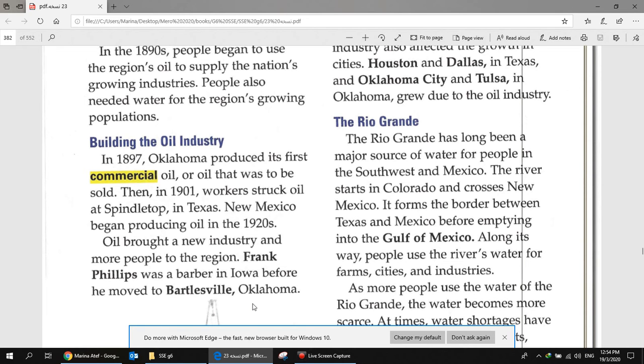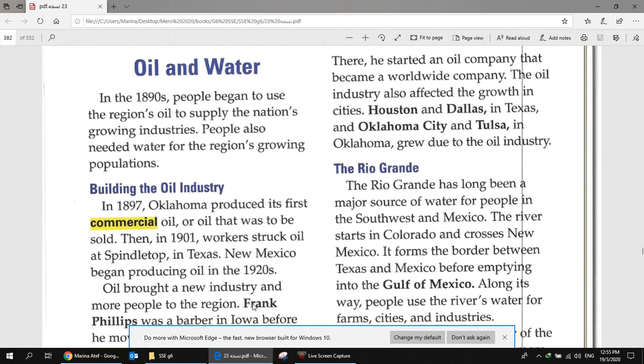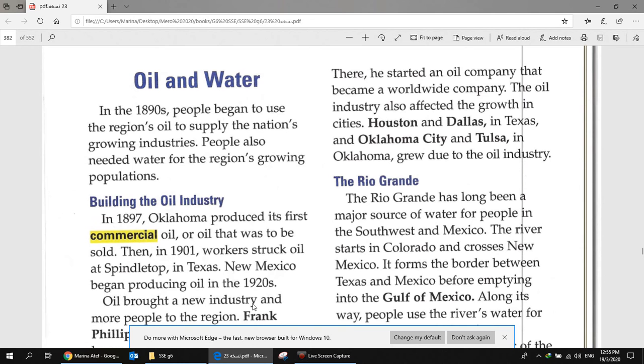Workers struck oil on Spindletop in Texas. New Mexico began producing oil also in the 1920s. So Oklahoma produced its first commercial oil in 1897. Okay, this is another resource, the oil.